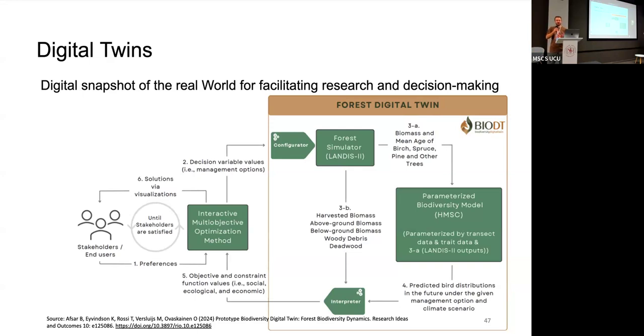And so decision makers have something like a computer game where they can press a pixel, move the slider, change the amount of timber which will be collected, and in almost real time get information about which impact it can have on the forest ecosystem in a year, 2, 10, 20, and so on.